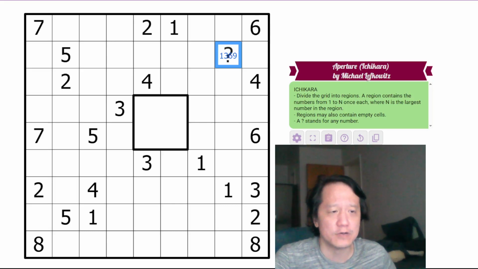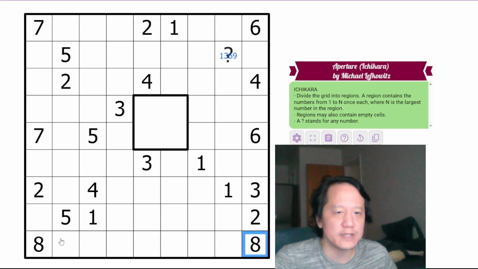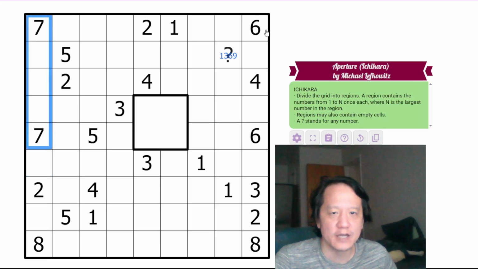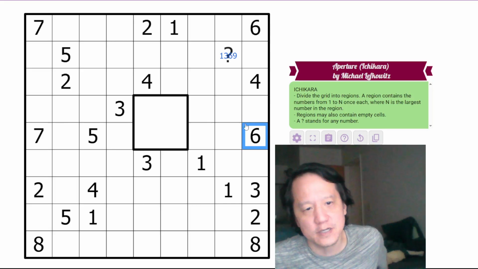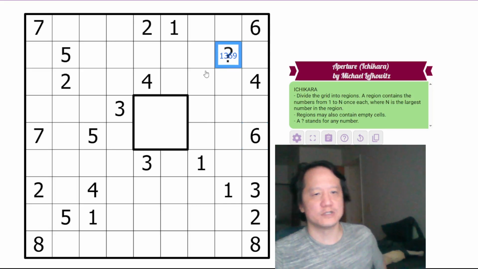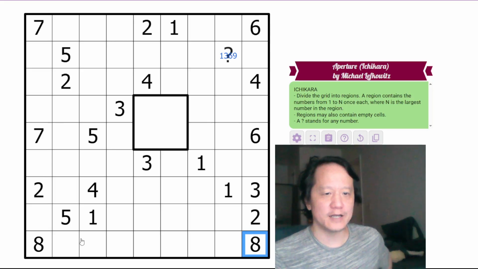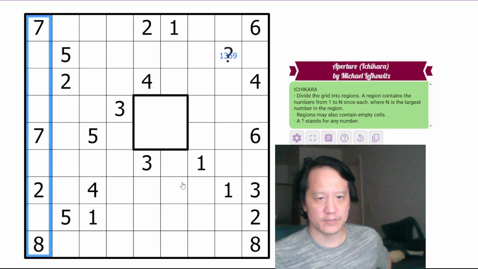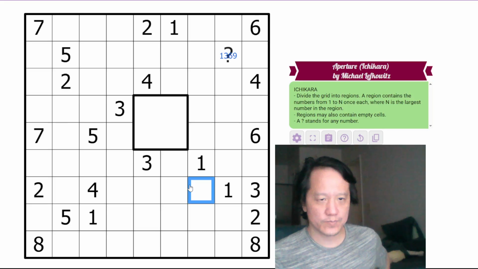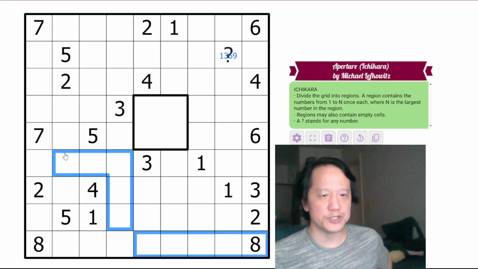We actually don't know. Anyways, the 8s have to be in the same regions as the 7s and the 6s, though we could have an extra 6 here. But each 8 has to belong to a 7 somewhere. And this 8 cannot be in the same region as this 7.